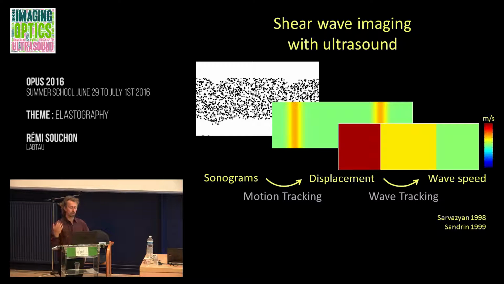So there is a second tracking step where we track the shear wave from the central position to every pixel and measure how long it takes to get to every pixel. With distance and time, we can reconstruct, through wave tracking, a wave speed image. And this wave speed image in this example will look like this.